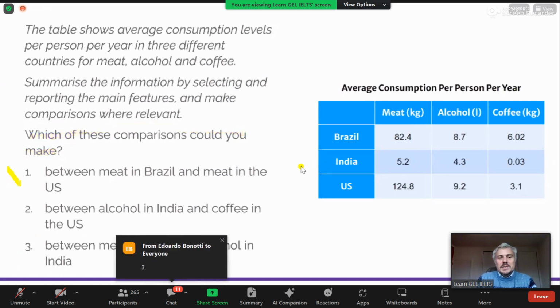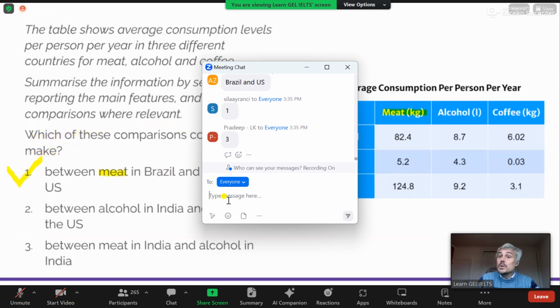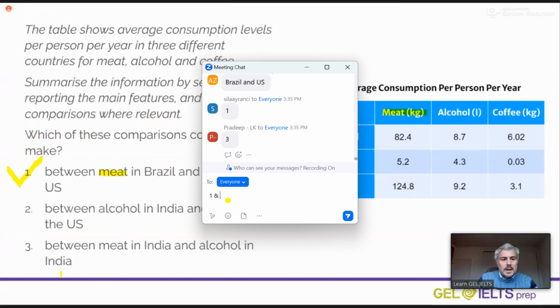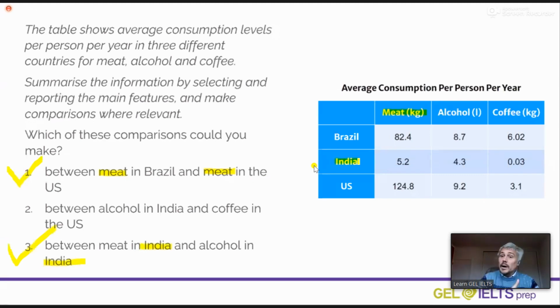So number one is good because we're comparing the same product. We're comparing one product in two different countries. So this is a good comparison. Number three is good because we're comparing in the same country. We're comparing two products in one country. So this makes sense.